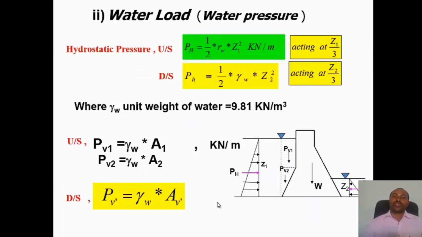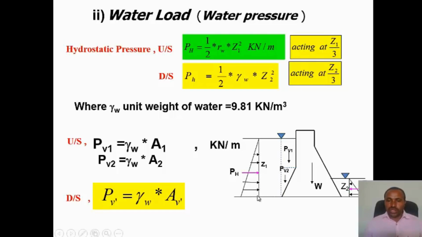Okay, so the next one is water load or water pressure. Under this, you have hydrostatic pressure, which is triangular in distribution, as you can see in this one. Hydrostatic pressure is half gamma W times Z1 square kilonewton per meter, acting at Z1 over 3, which is 1/3 of this triangular distribution.